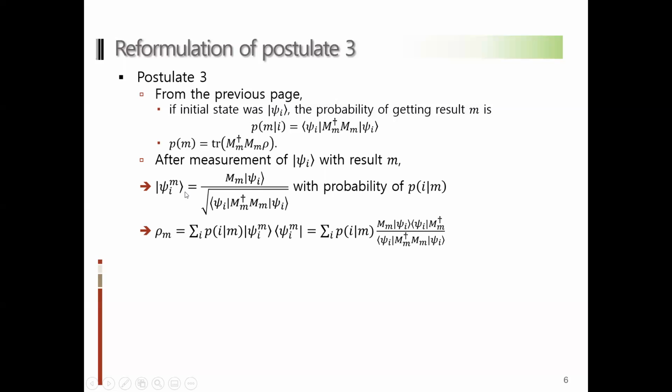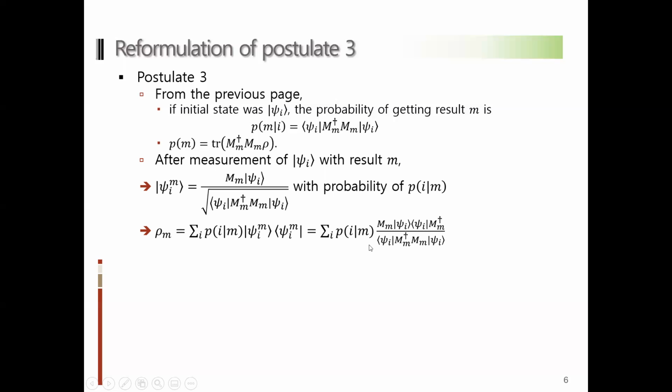Even if we measure the same value m, the resulting quantum state might be a little bit different, or it might depend on the initial state, like psi sub I. So what we have to do is add each of them individually, and also multiply by the probability to have this event. I'm just keeping it here, and if I replace this formula with this, it will appear like this.